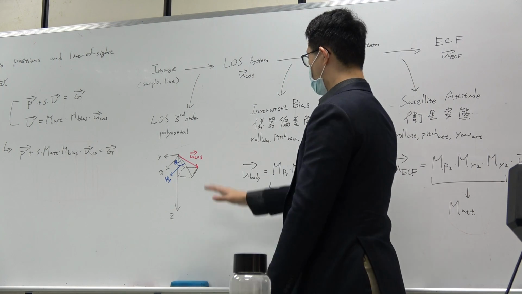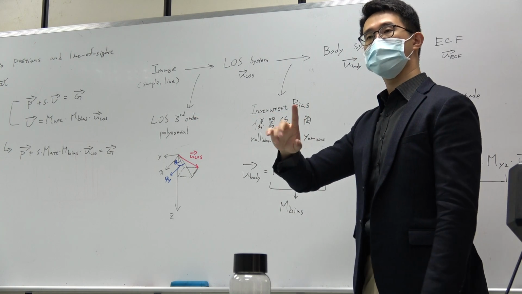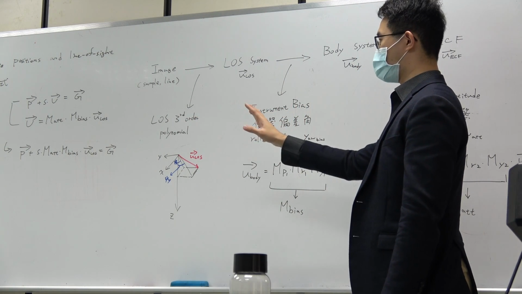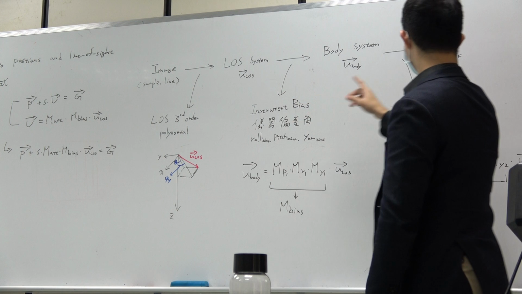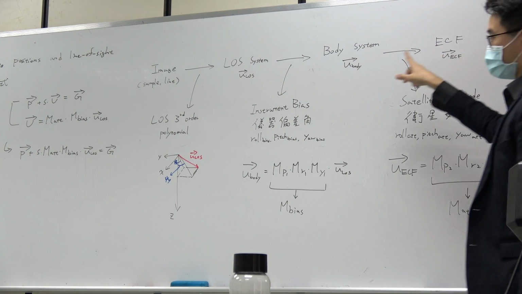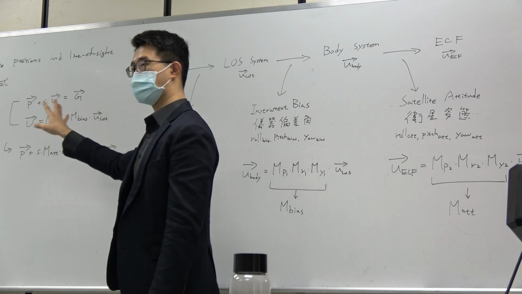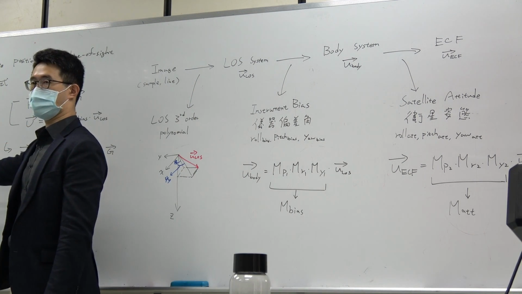So it's in that space. Eventually, we want to talk about the observation vector in the Earth-centric framework, so that we can integrate with other vectors, because they are all using the Earth-centric framework.